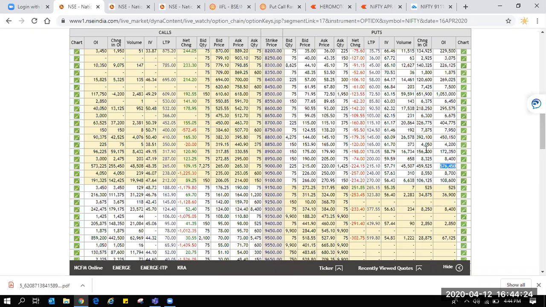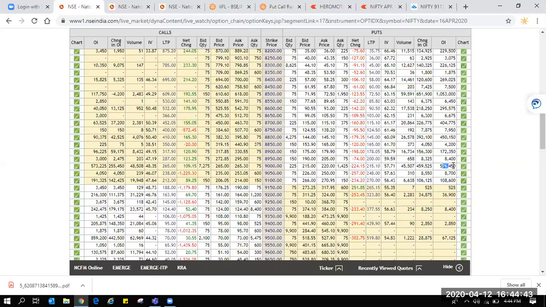You can see the change in open interest, which I'll come to next. This is the second support, and the third support is 4,50,000, that is for 8,800. What will happen if Nifty falls down?